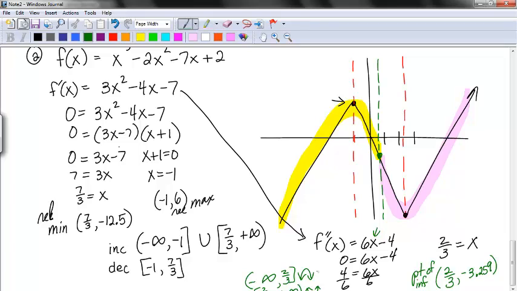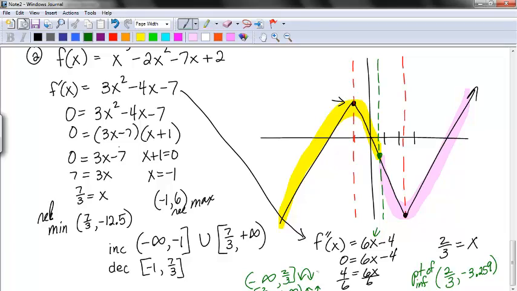So, do the first derivative, find the max and min points, separate your graph into x values. Where it's increasing is where it has a positive slope, where your first derivative is greater than 0. Decreasing is a negative slope. And you'll be able to find your max and min. Then do the second derivative, set that equal to 0.